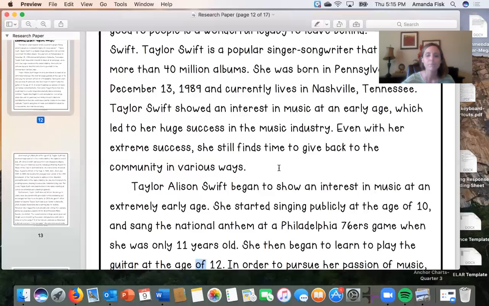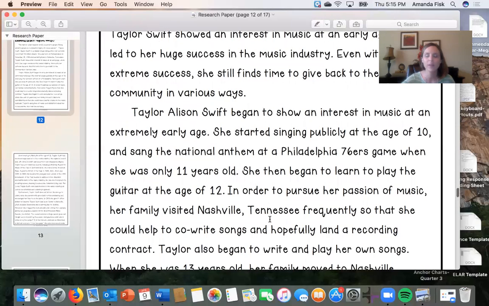So let's see. It says Taylor Allison Swift began to show an interest in music at an extremely early age. She started singing publicly at the age of 10 and sang the national anthem at a Philadelphia 76ers game when she was only 11 years old. She then began to learn to play the guitar at the age of 12.